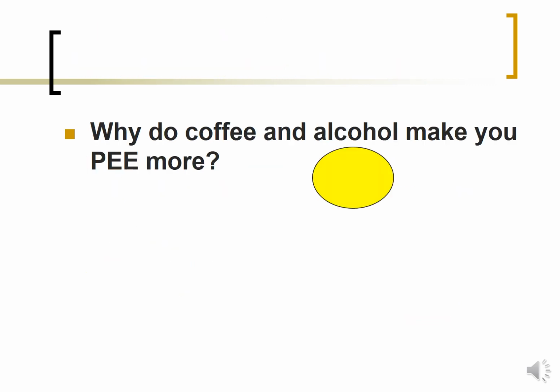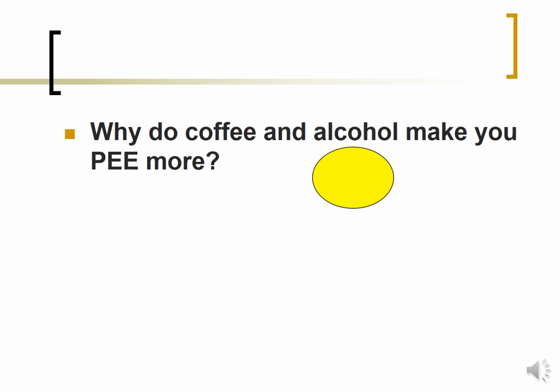Yes, this is true. Coffee and alcohol will make you pee more. You can watch the video link, which is below this presentation, but both caffeine and alcohol inhibit the release of ADH, so you produce more dilute urine. The only disadvantage here is this is being kind of abnormally triggered, and this can leave you feeling somewhat dehydrated, especially if you've had a lot of alcohol to drink.